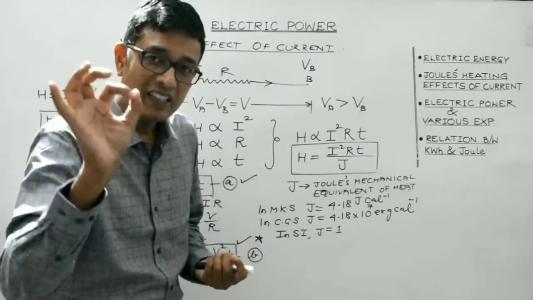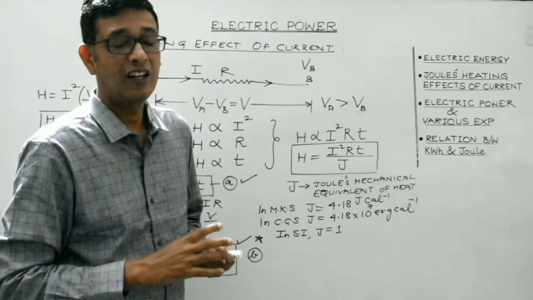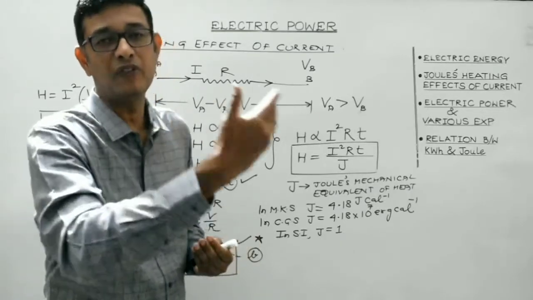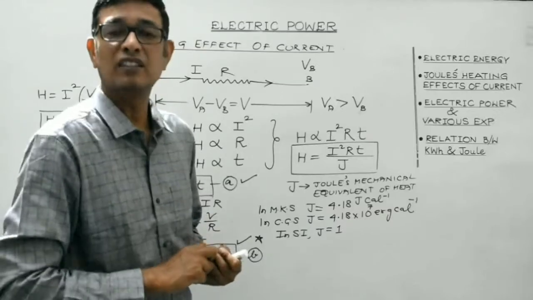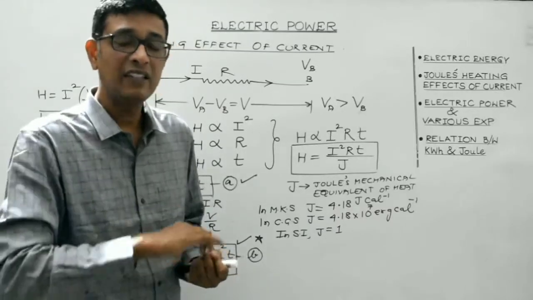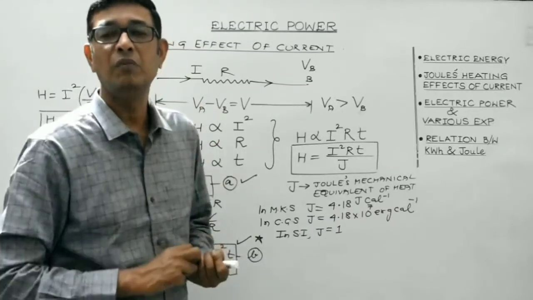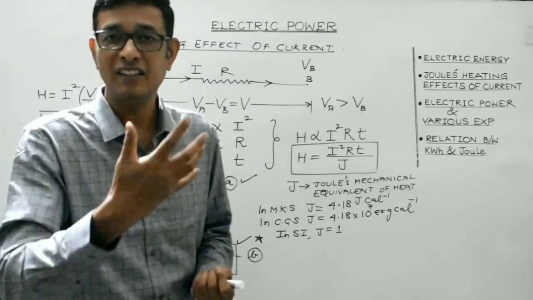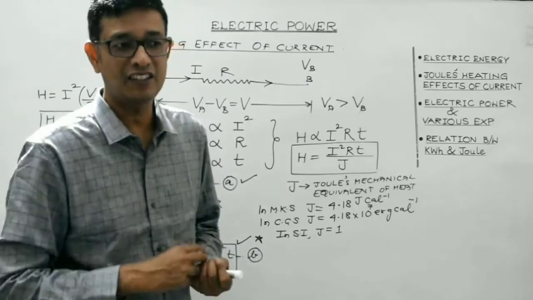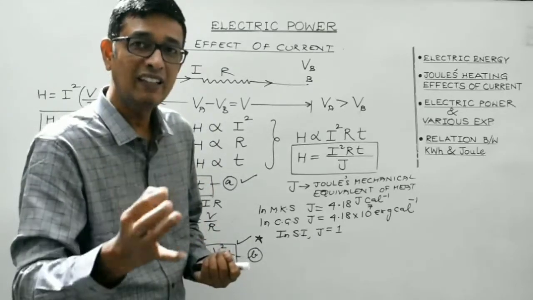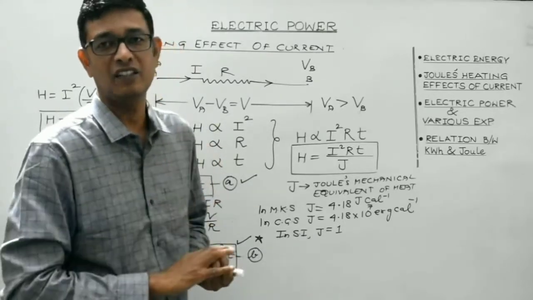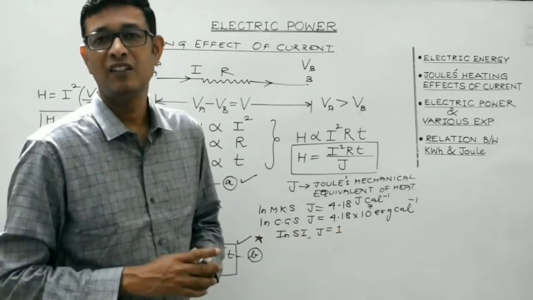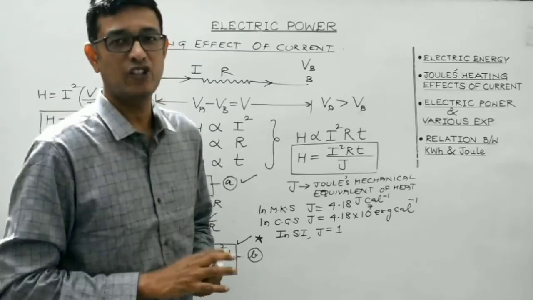Now during each such collision, a part of the kinetic energy of the electron gets transferred to the vibrating ion. So as a result, the average thermal energy of the conductor tends to increase, and as the thermal energy of the conductor increases, it results in a rise in the temperature of the conductor, or rather it produces a heating effect. So that's the theoretical explanation.